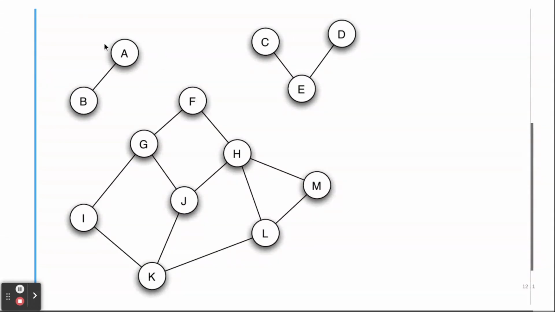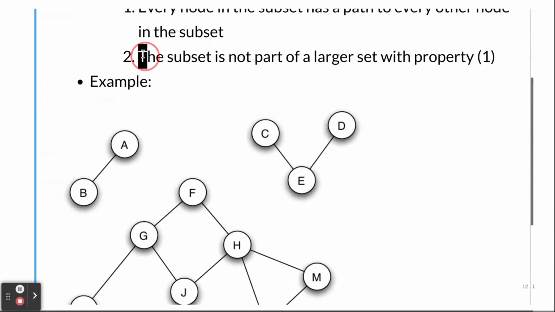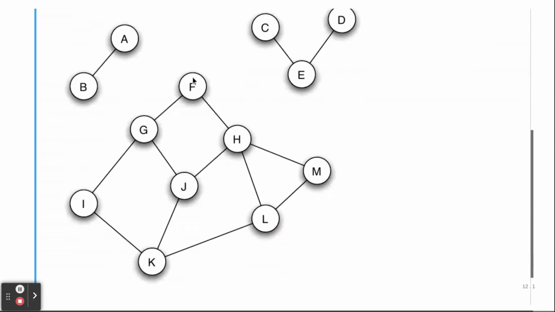And so AB is a component. We could do the same argument for the set of nodes C, E, and D. Starting from any of these, we can reach any other, meaning it's connected. But if we included any other node over here, it would no longer be connected. So this satisfies both parts 1 and 2 of this definition of a component.